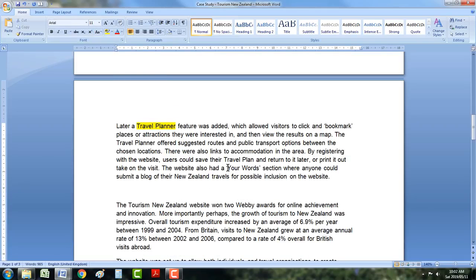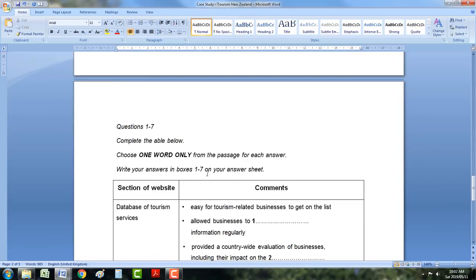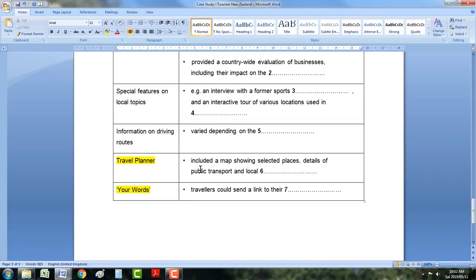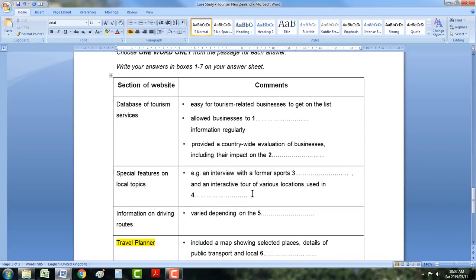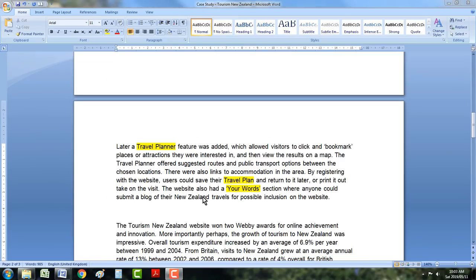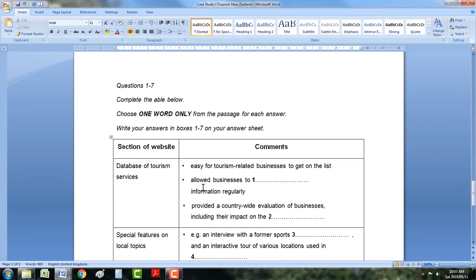Travel planner, even over there, and your words. Now that can take you less than 1 minute. And now you've got a very good idea of where everything comes, where this ends and where the things are that come before it. So that was your first scan, 1 or 2 minutes, just to give you an overview.